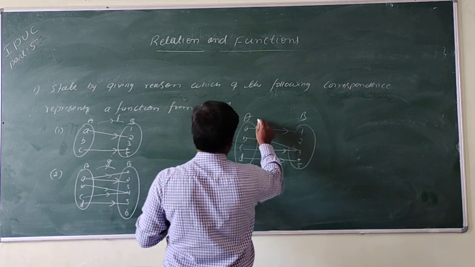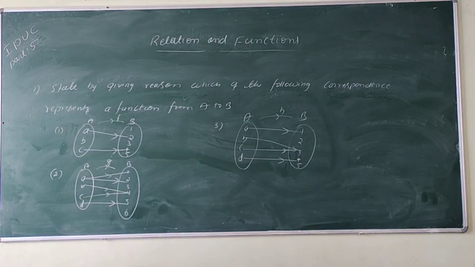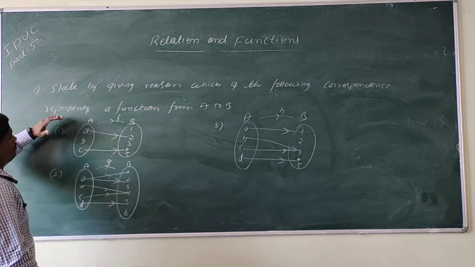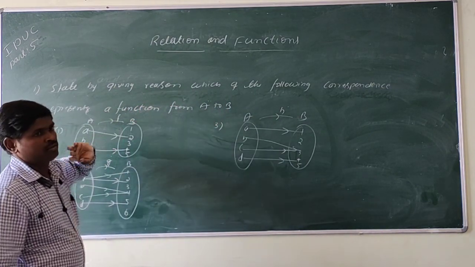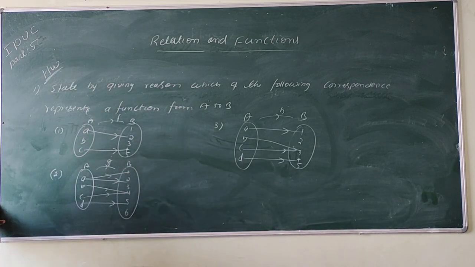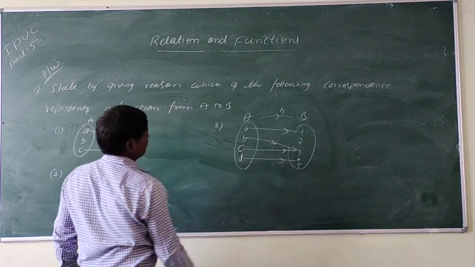Okay, so this is H. State by giving reason which of the following corresponds to, represents a function from A to B. Okay, so take it as common. You do it under the form. This is the element C.